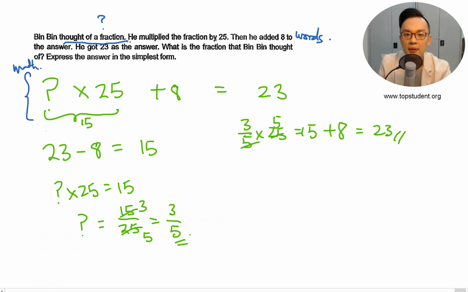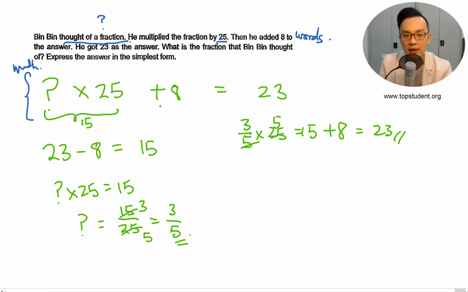And then I multiply it by 25, so just put multiply by 25 over here. Then I add 8 to the answer, so I write add 8. And equals 23, because he got 23 as the answer. What is the fraction that Ping Ping thought of? Express the answer in the simplest form.